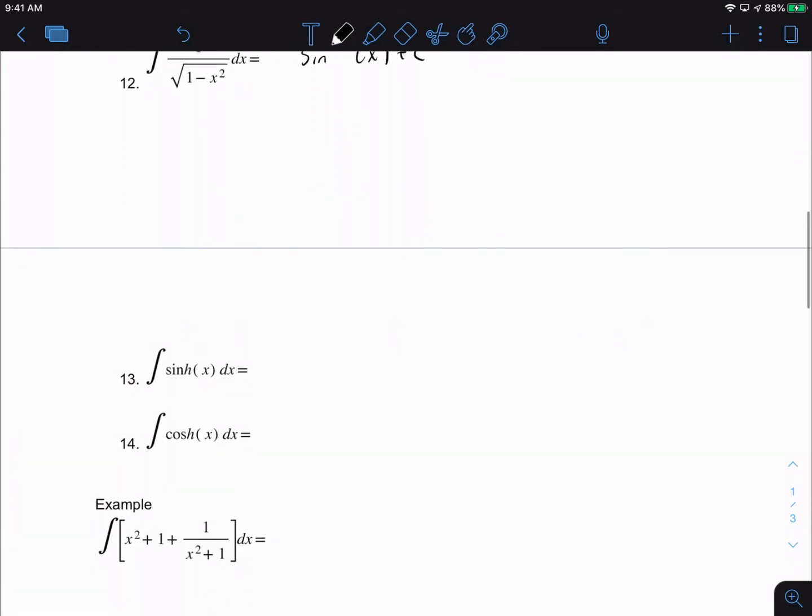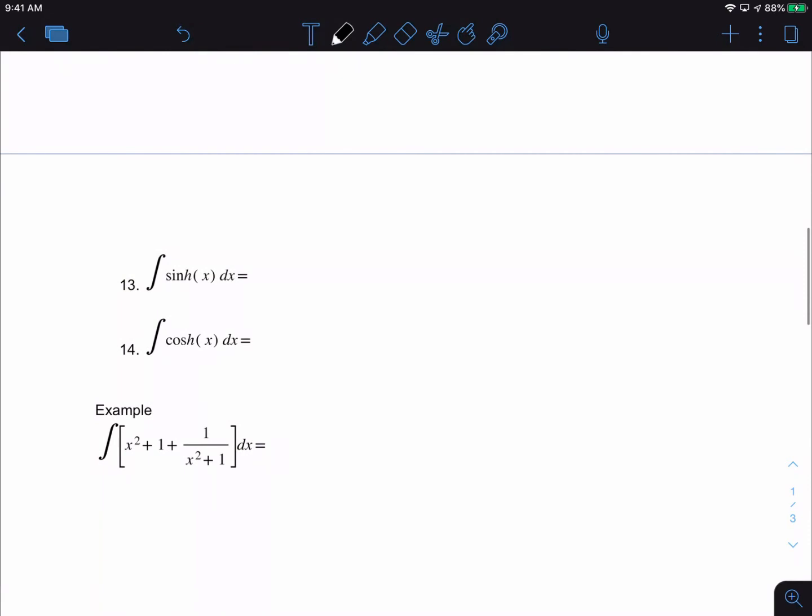Now, I'm going to also give you the hyperbolic integrals. You'll use them in Calc 3 probably, but the integral of sine hyperbolic of x is going to be cosine hyperbolic of x plus some constant c, and then the integral of cosine hyperbolic is sine hyperbolic of x plus c.